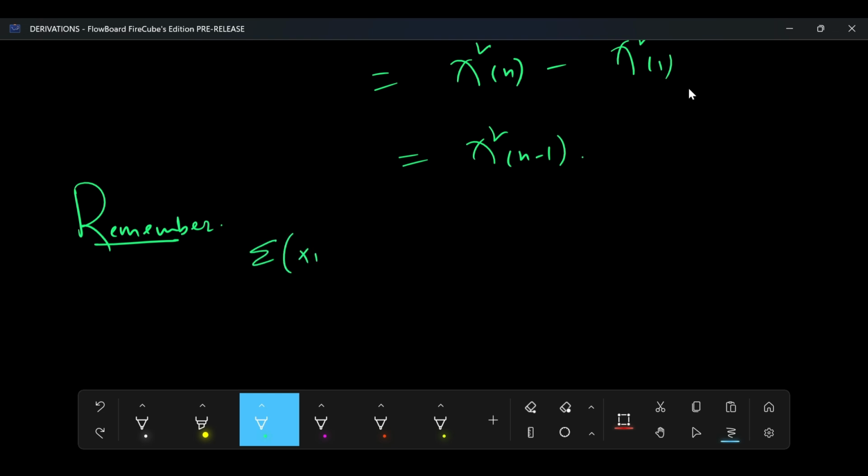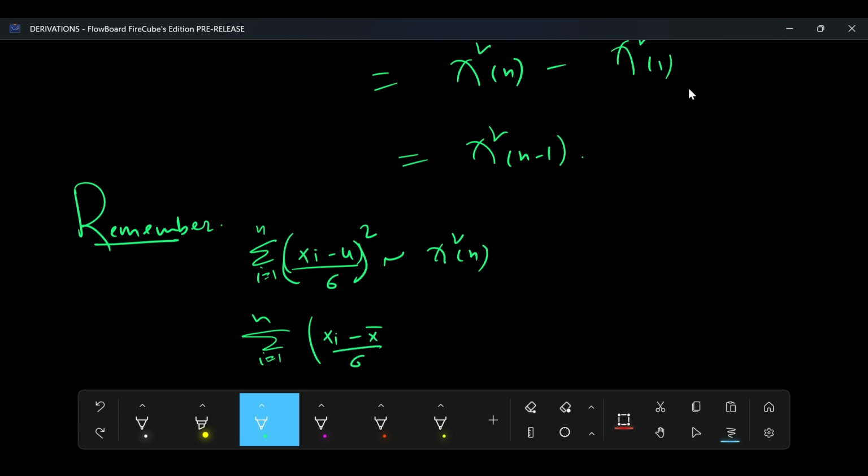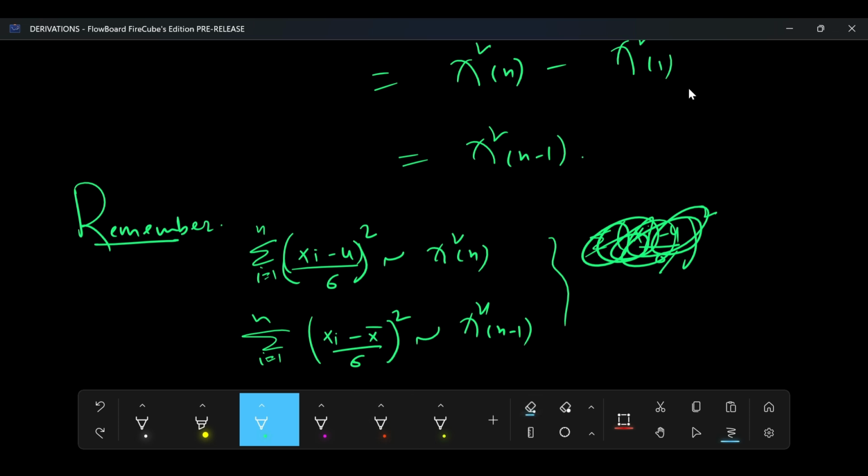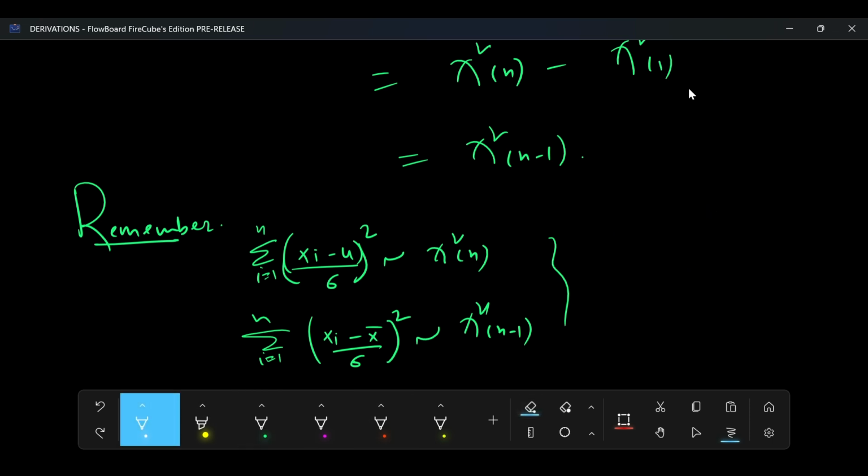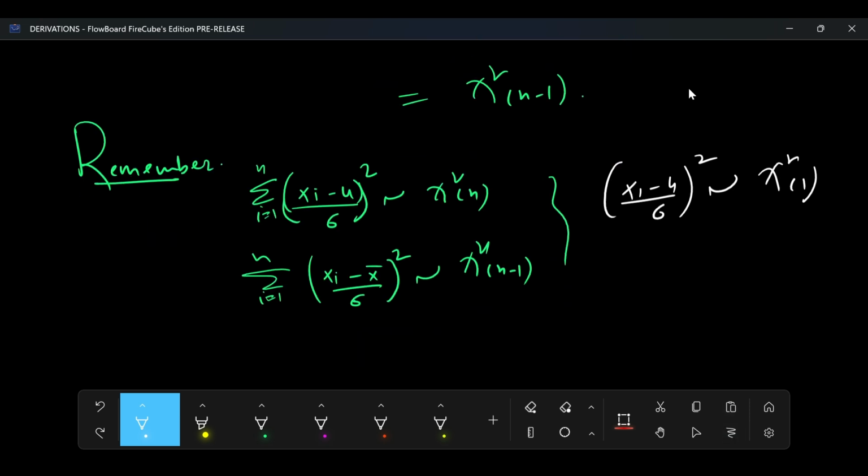Summation of ((xi minus mu) upon sigma) whole square will follow chi square n only, and summation i equals 1 to n of ((xi minus x bar) upon sigma) whole square will follow chi square n minus 1, and ((x bar minus mu) upon (sigma upon root n)) whole square will follow chi square 1. Clear?